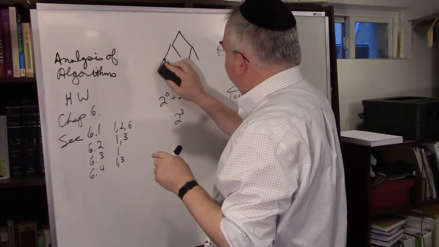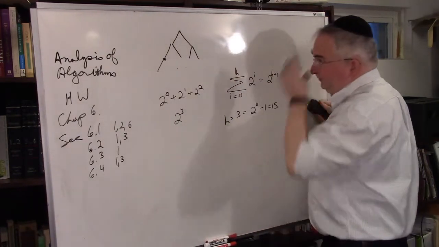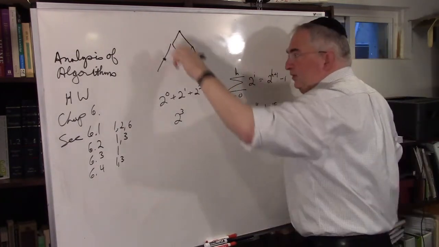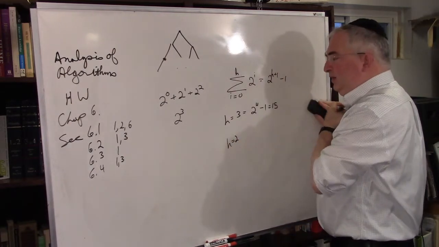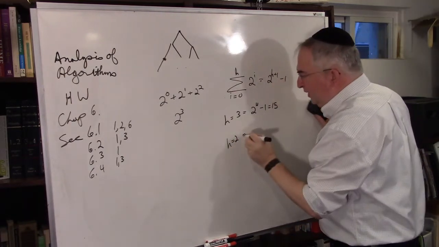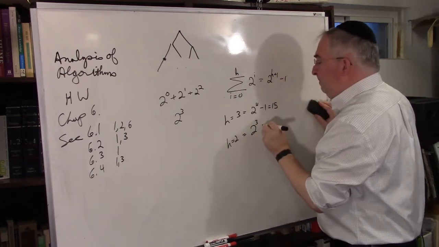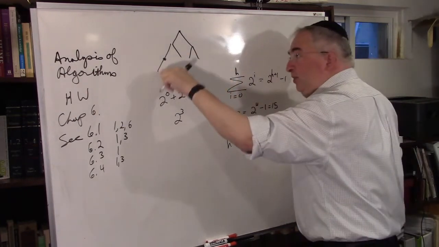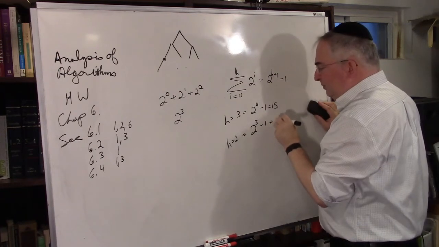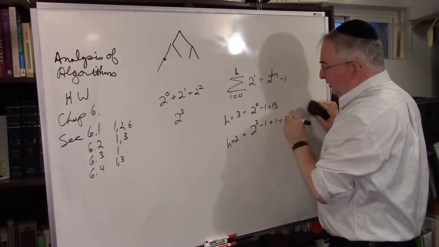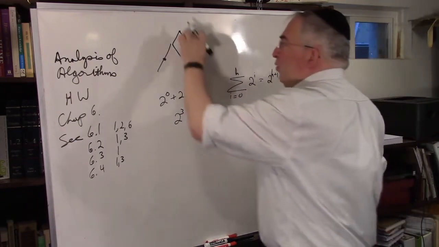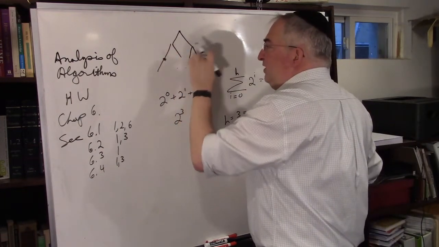The minimum is very simple. h is equal to 2. You plug it into that formula, you get 2 to the 3 minus 1, but then you need one more to bring it to the next level, so plus 1. 2 to the 3 is 8, minus 1 plus 1 is 8. So 1, 2, 3, 4, 5, 6, 7, 8.